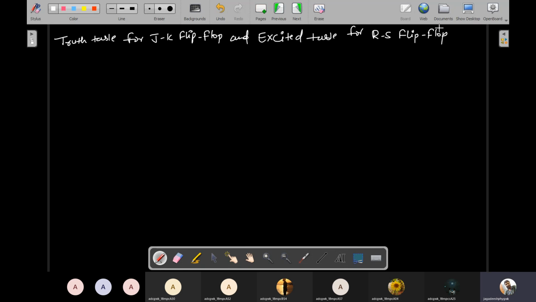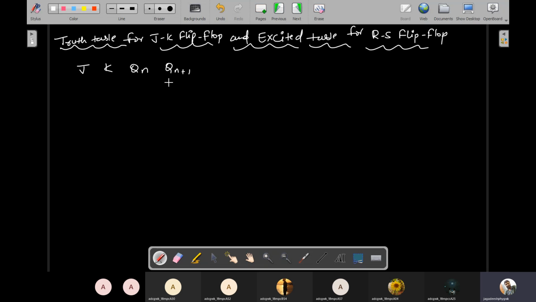I want to write these two tables. First of all, the truth table. What is the truth table of the JK flip-flop? J, K, and simply take the Qn value and the next state is the Qn plus 1 value. This is the past output and this is the present output. So you can write this is the present state, this is the next state.